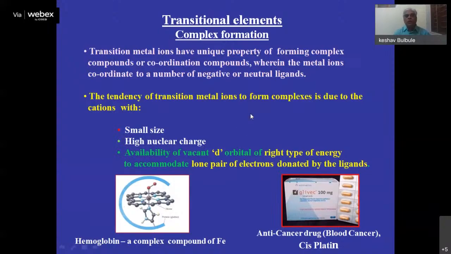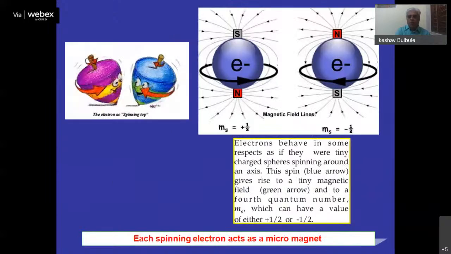Therefore we should be grateful for several unique properties of the d block elements like acting as catalysts. They play a very important role in the formation of complex compounds and so on.